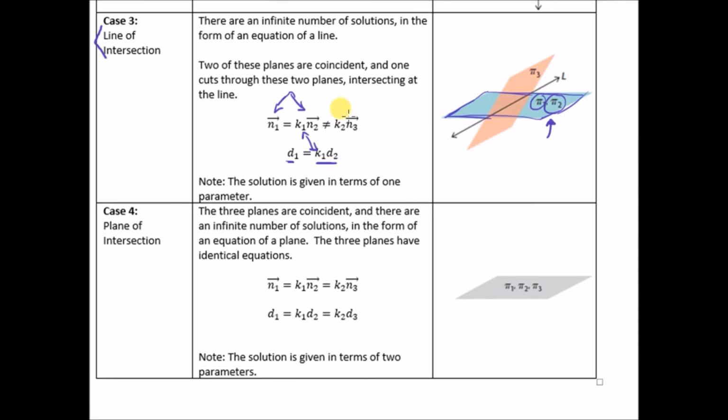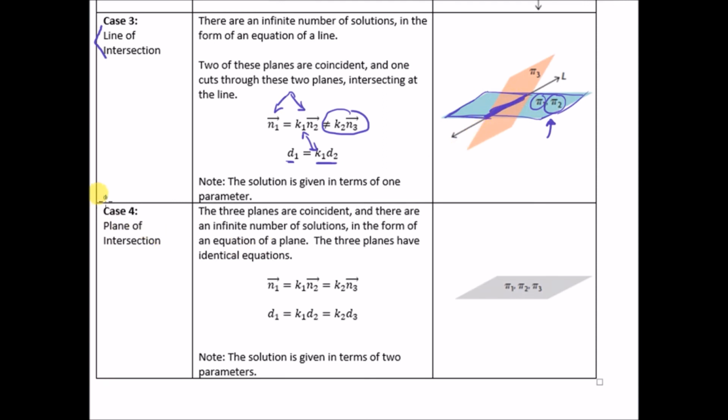However, the other plane cuts planes 1 and 2, so that plane does not have a normal that's a scalar multiple of the first two planes. Our solution is going to be a line. So again, we have a line of intersection and an infinite number of solutions. The solutions are going to be in the form of the equation of that line.